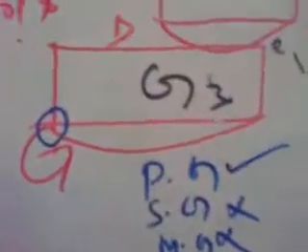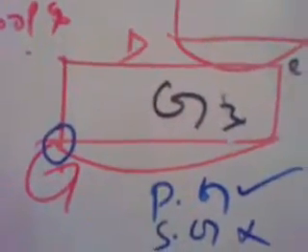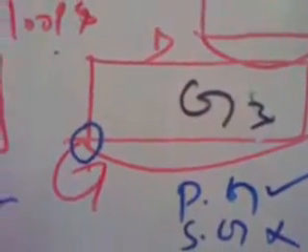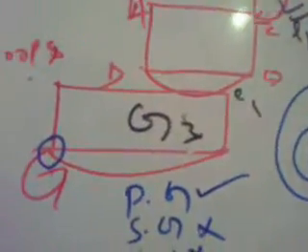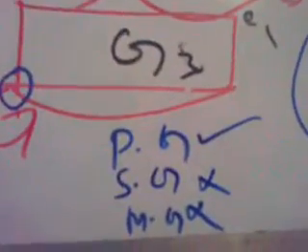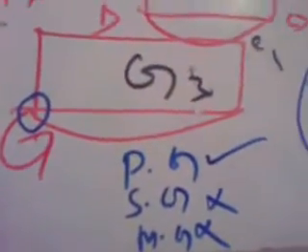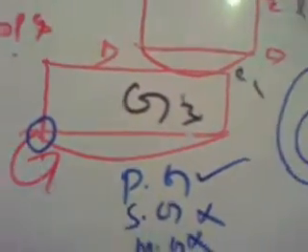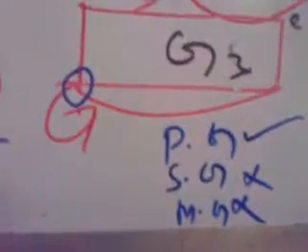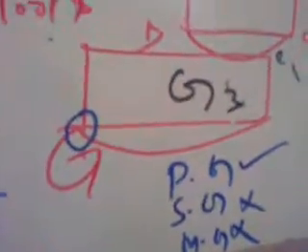Next comes graph G3. This is a pseudograph, but not a simple graph, because in a simple graph no loops and no parallel edges are allowed, and here there is already a loop and a parallel edge. In a multigraph no loops are allowed, so this is also not a multigraph.